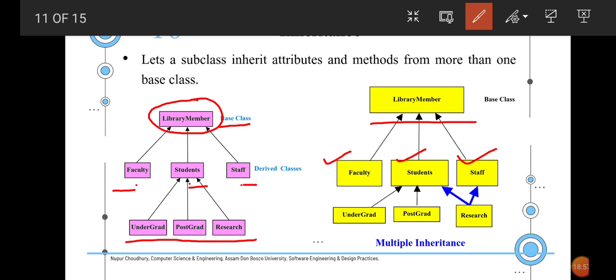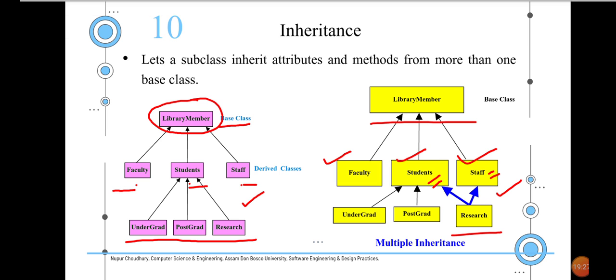However, if we look at the next level, the research class, which is the derived class, is basically inheriting the various properties and attributes from two different or more than one base classes. So this is known as multiple inheritance. So inheritance can be represented either in a single format or in a multiple inheritance form.